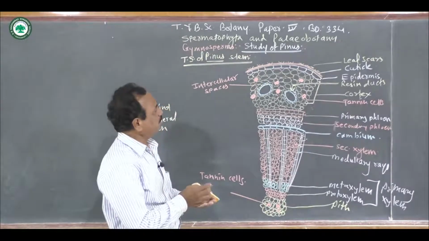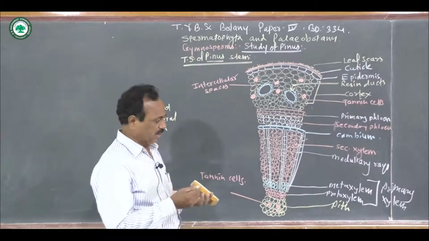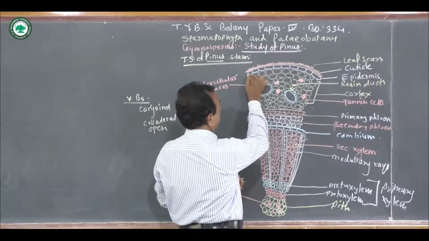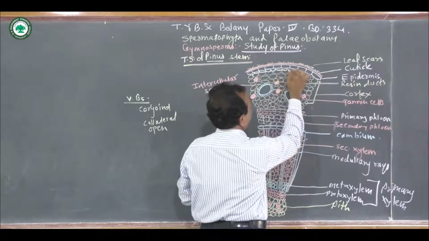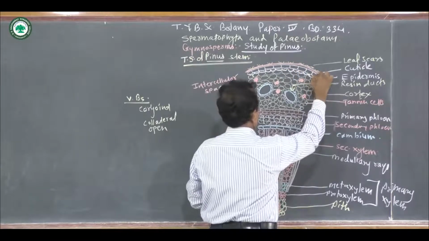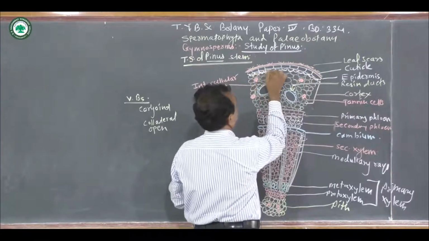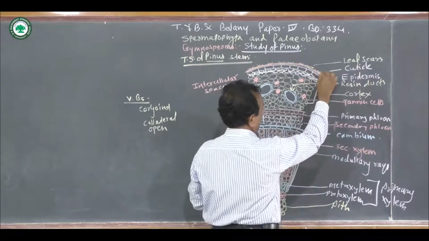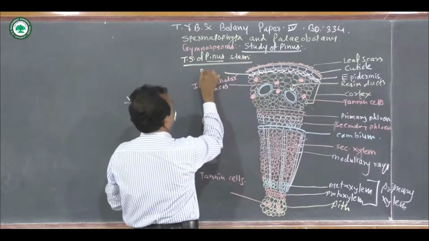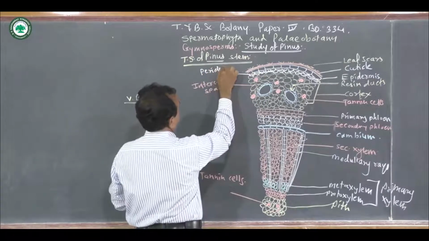When the plant becomes mature, later on, inner side to the epidermis, there is a formation of periderm. Actually this periderm is not found in the younger stem, but as the stem becomes mature, the periderm is formed.